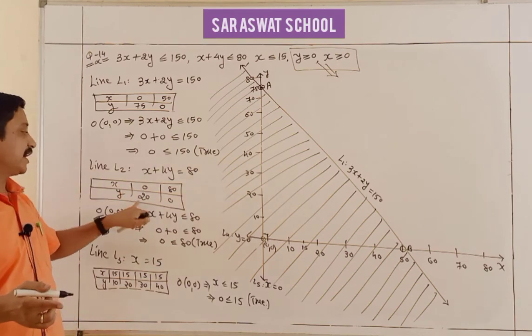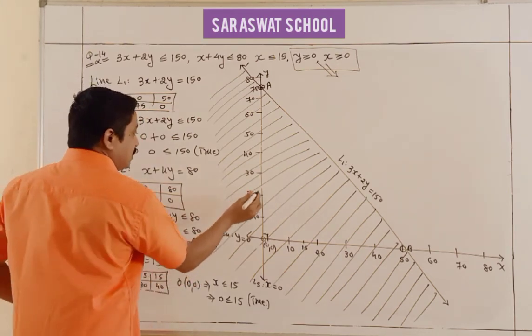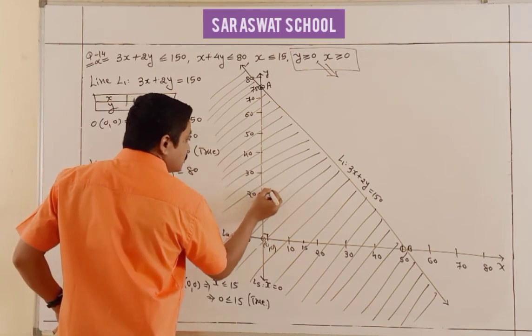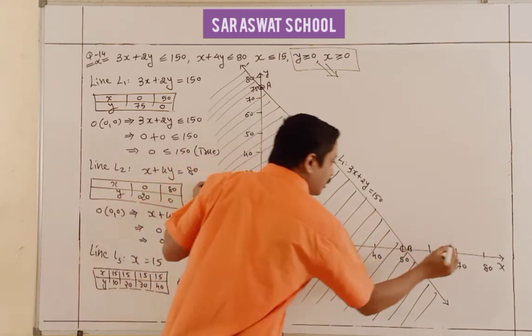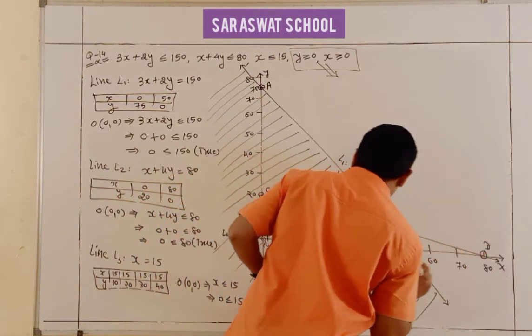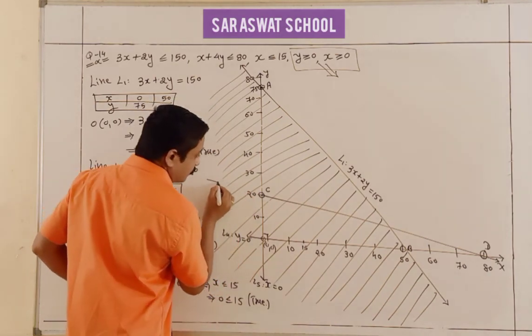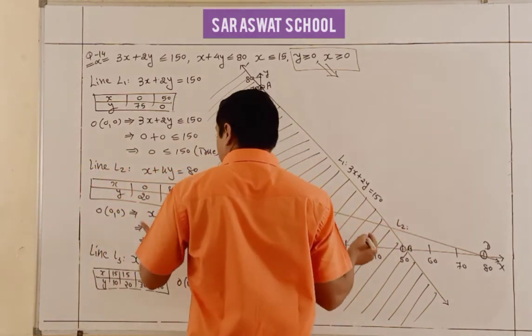Now second one. 0 to 20. Students, it's very easy. Here 0 to 20 point C and point D 80 to 0. Here 80. And I connect both by a line this way. That is your L2 line. And the equation is what?